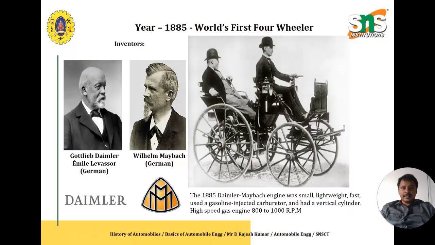Later, in the same timeline, Daimler, a combination of two people, one led by Gottlieb Daimler and another by Wilhelm Maybach, invented a four wheeler. You can see it is lightweight and fast, a gasoline carburetor model, and its high speed is about 800 to 1000 rpm.